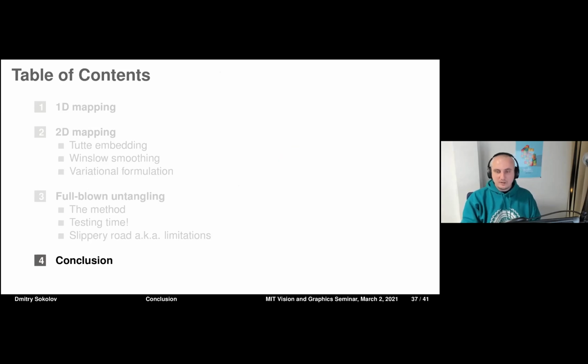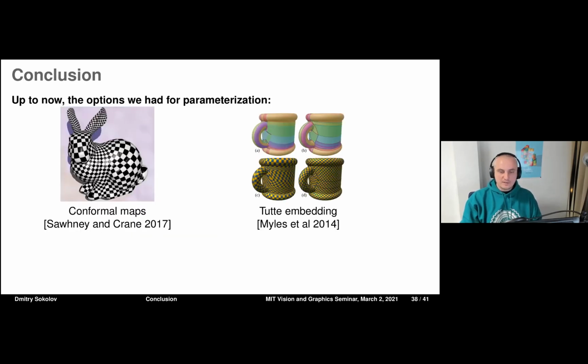Well, let us conclude. Until now, when we needed a parameterization free of folds, we used conformal maps. This solution works very well in unconstrained cases, but if you have constraints, the common approach is to fall back to Tutte embedding, find an injective map whose distortion is to be optimized later.